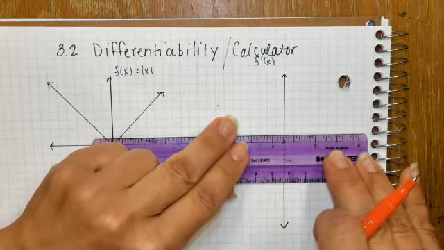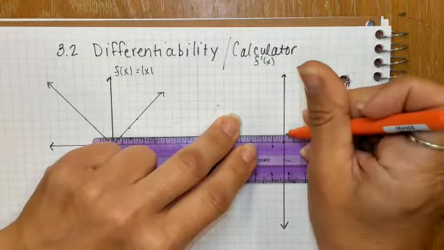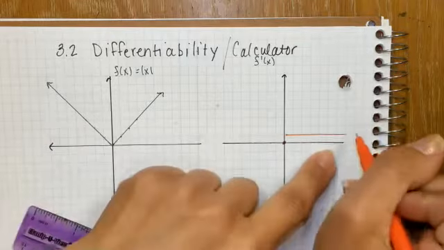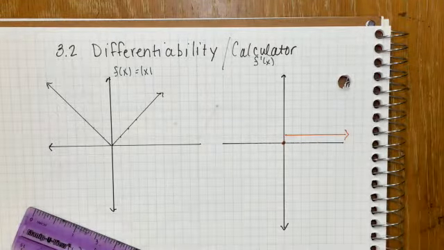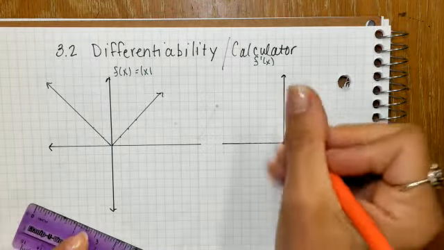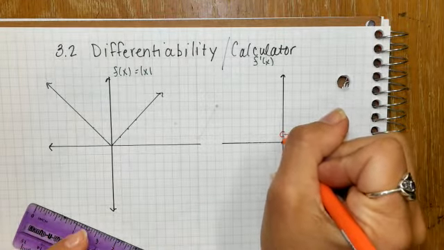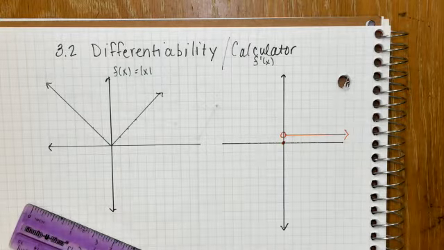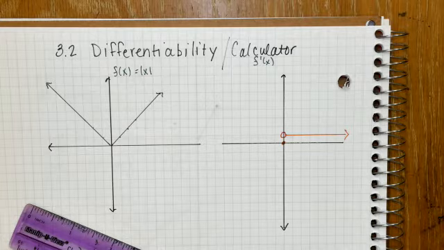But be careful. At 0, the tangent slope is 0. So we need to have an open circle. Right away, this is discontinuous, which will be a sign that it is not differentiable at 0.